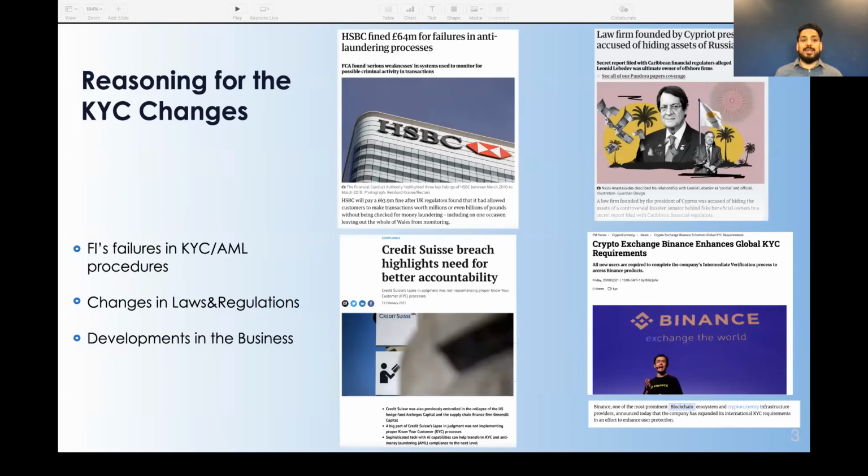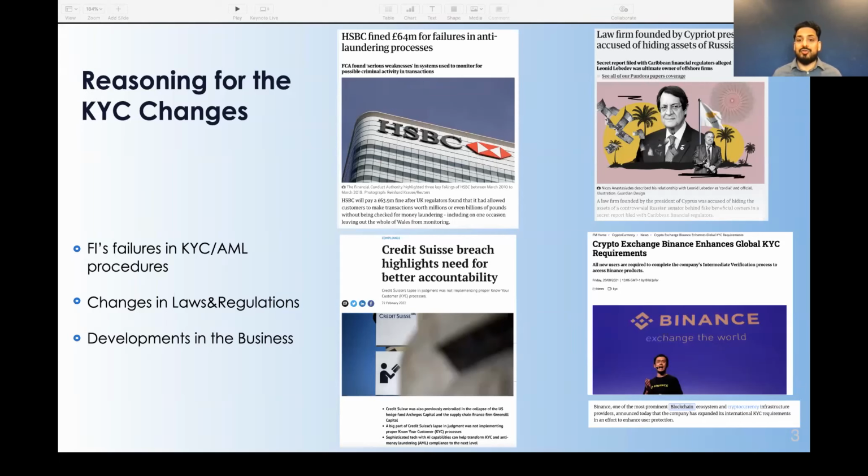As I mentioned, there are a couple of reasons for the KYC changes. What you see is that a lot of financial institutions failed in adhering to the KYC process or the anti-money laundering process, where they have to understand who their customer is and whether they really understand the business and the customer activity and transactions also. One of the articles here is HSBC fined 64 million for failures in the anti-laundering process.